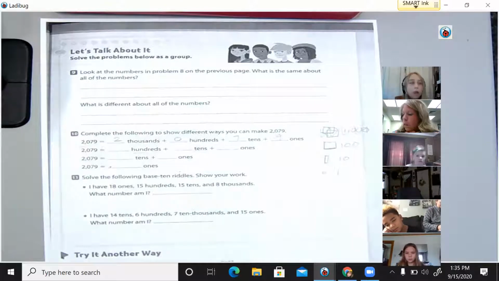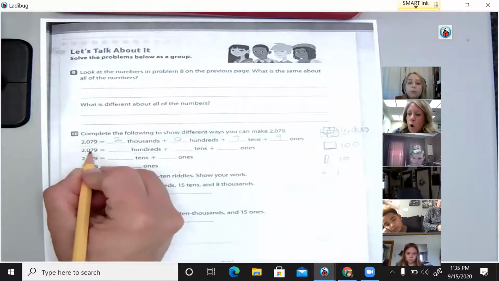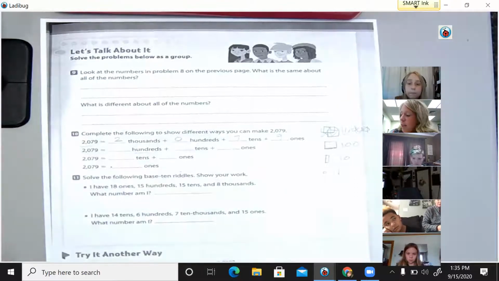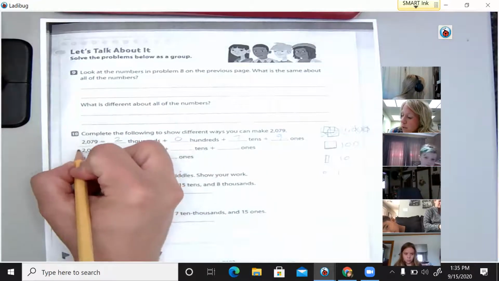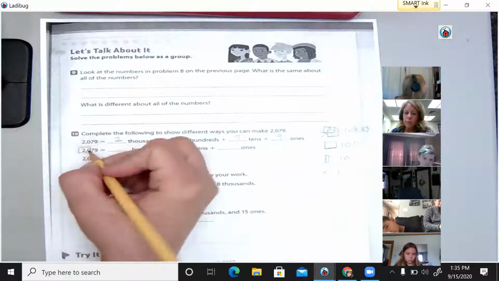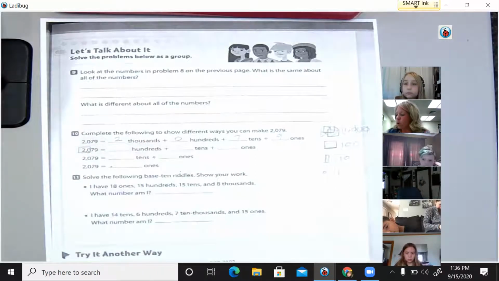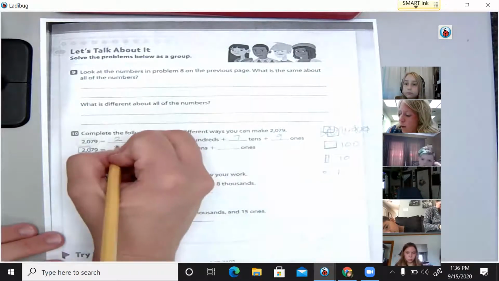20 hundreds. Well, you're correct. There are 20 hundreds, but 2, 0, 7, or 9, only one of those places is the hundreds. Which digit? The 0. So if I underline the 0, and if I draw a box around everything to the left, that's what, Nina, you just said, that there are 20 hundreds.